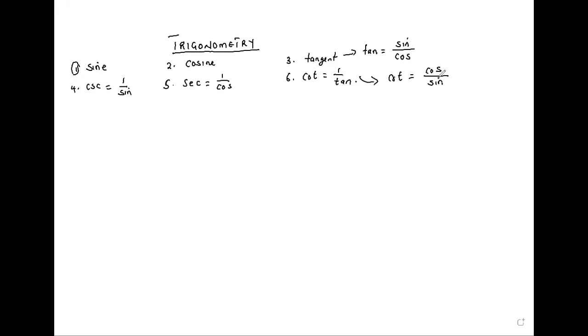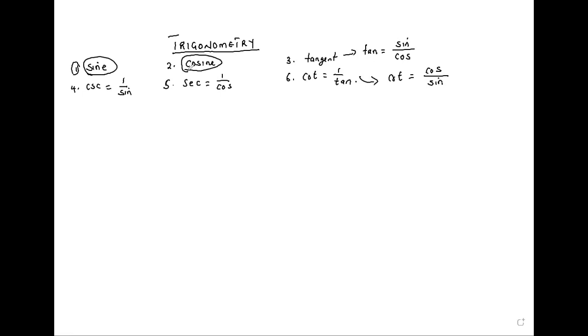Sine and cos combination gives us tan and cot. So if I know the behavior of sine and cos, then I would have known so many things.